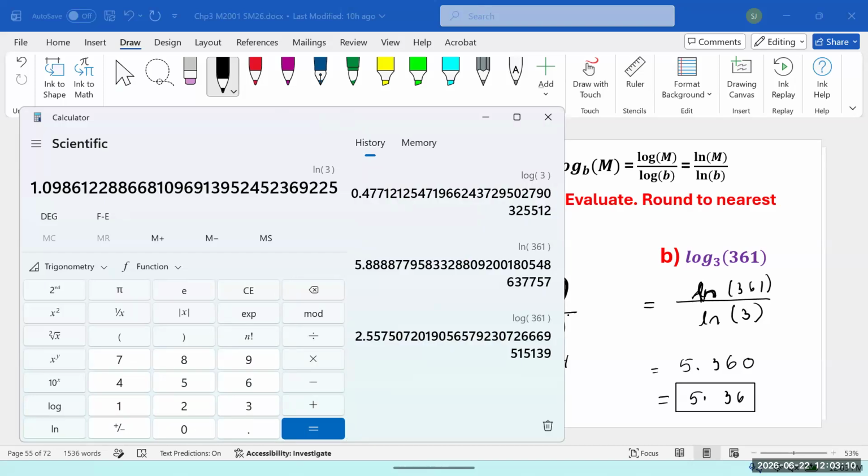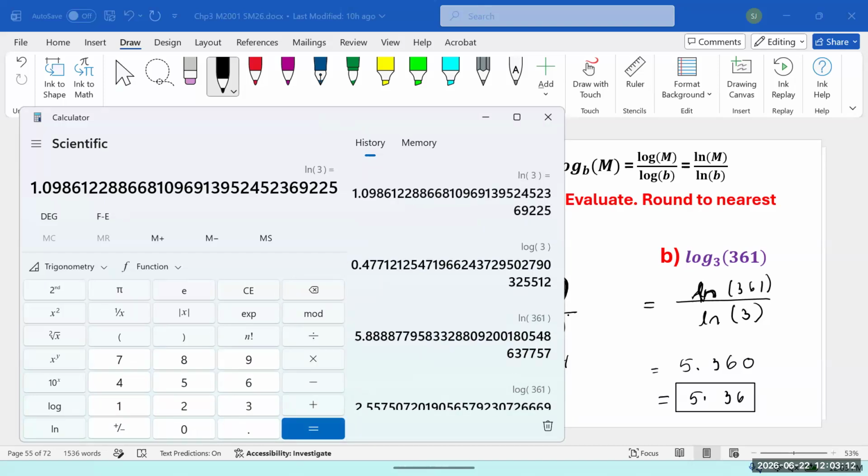You see, all of them are different from one another. But then, observe. Here, Hector used ln. So ln 361 divided by ln 3 is 5.36. Now, what if I don't want to use ln, I want to use log?